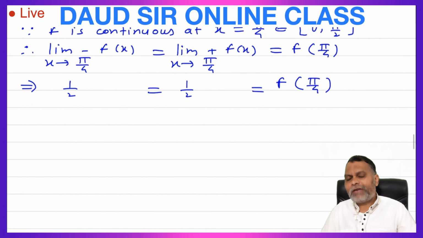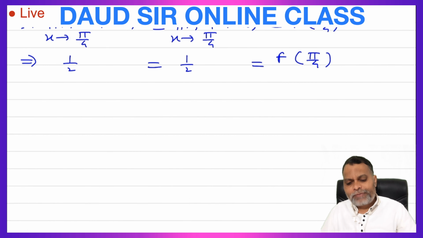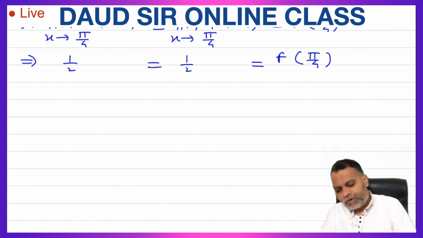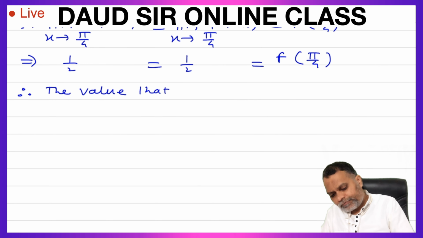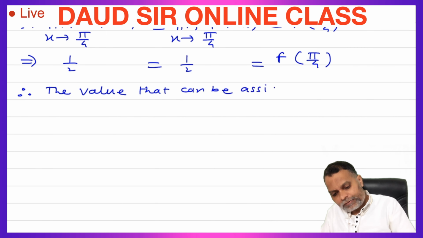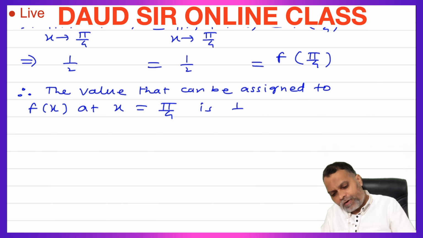So, therefore, the value that can be assigned to f of x at x is equal to pi by 4 is 1 upon 2.